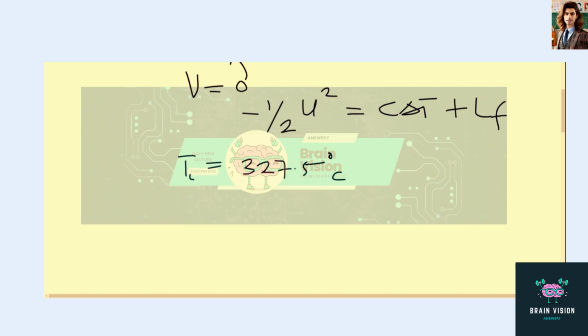Now, what is the latent heat of fusion of this lead? It's given as 24.5 times 10 to the power 3 joules per kilogram.